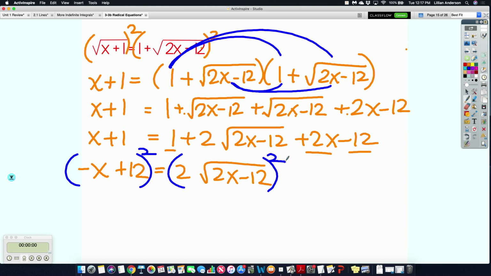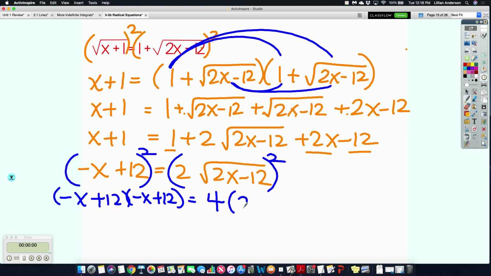On the left side, I'm going to have to FOIL. And on the right side, I need to square everything that's inside. Okay, this one I actually can distribute the square over because it's not a binomial. There's no plus connecting the two and then the square root. So this becomes 2 squared, which is 4. And when I square a square root, what happens?